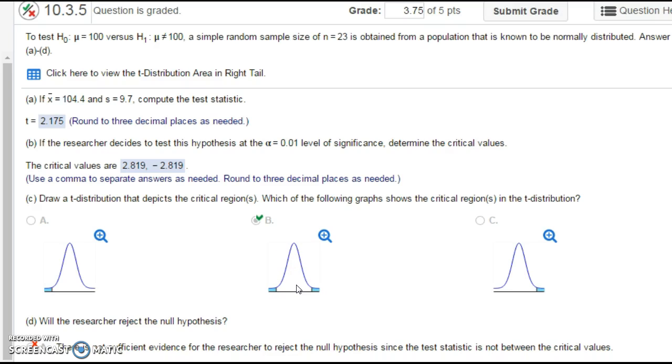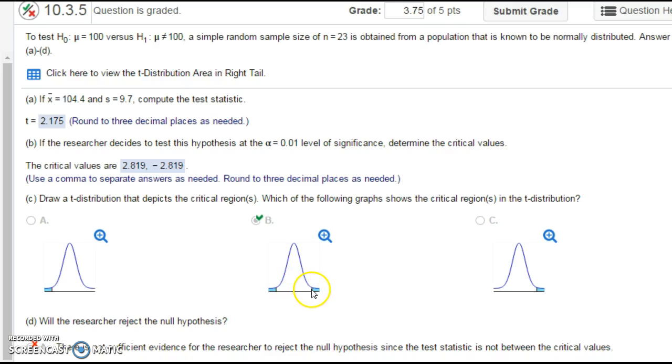We only think there's sufficient evidence to reject the null hypothesis if our test statistic is way out here in the tails. Sure, it could happen in a very rare case, a very rare sample. You will get a sample that's out here in the tails, but the more plausible explanation is that your mean is just wrong. Your mean is something different in the middle here.